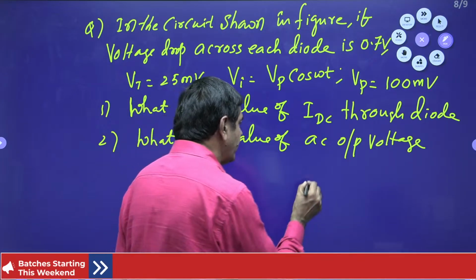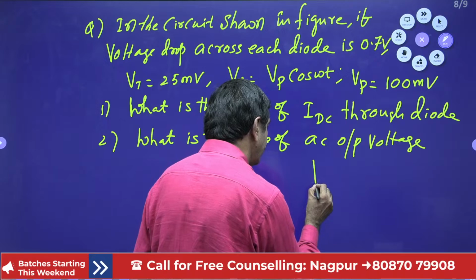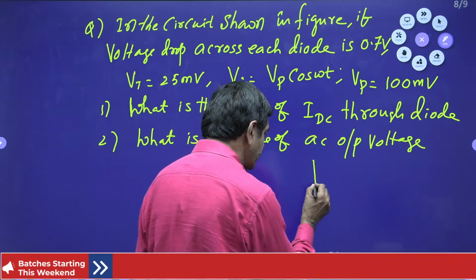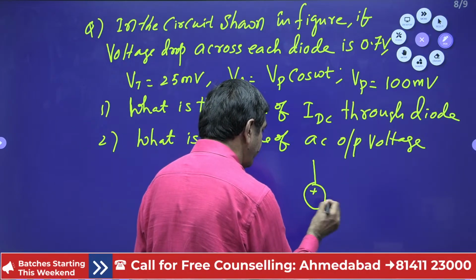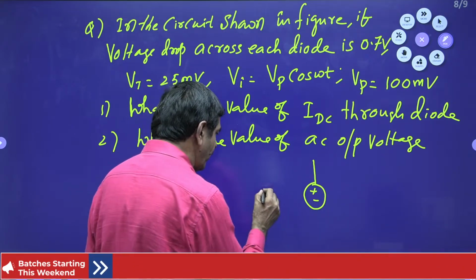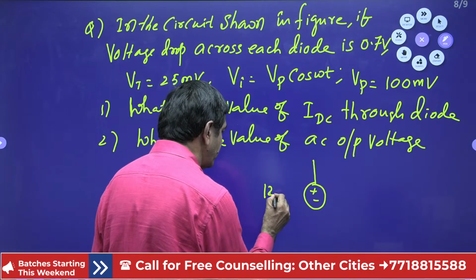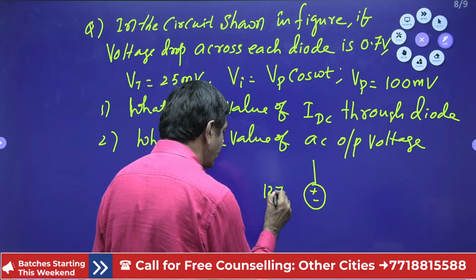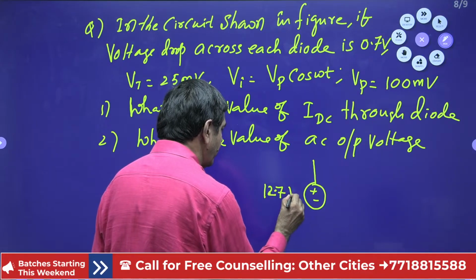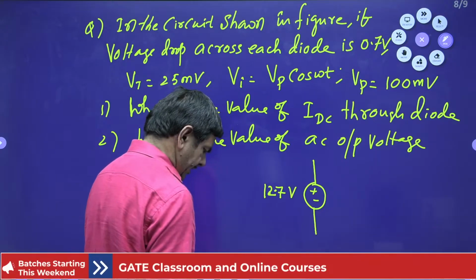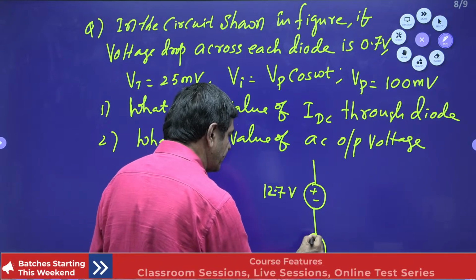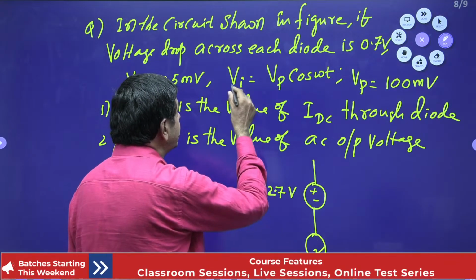The given network is connected with one DC source, that voltage source of 12.7 volts. Here it is connected with one AC source, that AC source is nothing but this Vi.